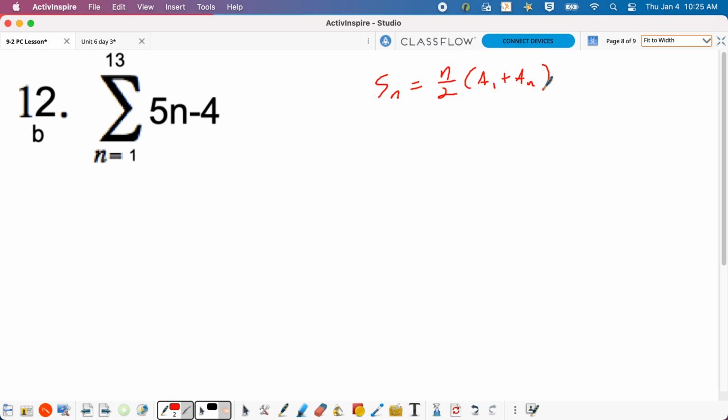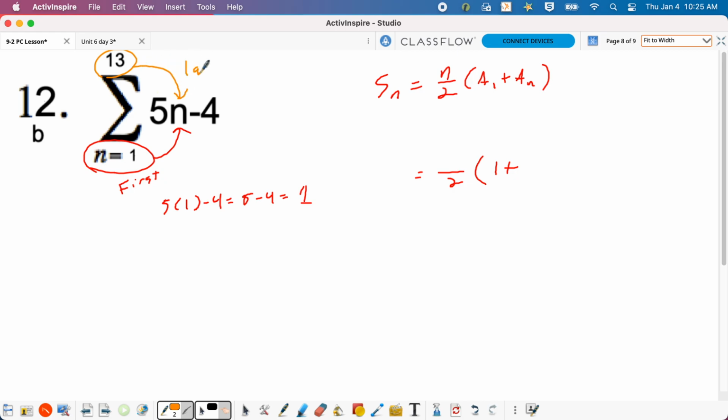Last class we said, we plug this number in to get my first term. So my first term is 1. I'm going to plug in the top number to get my last term.